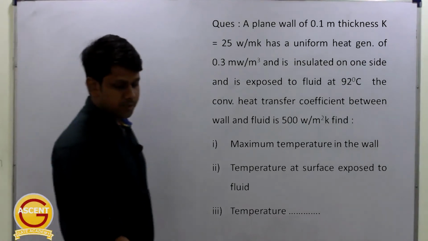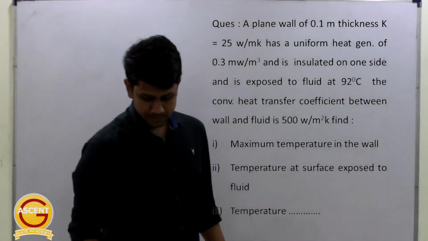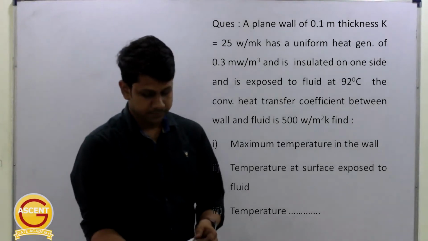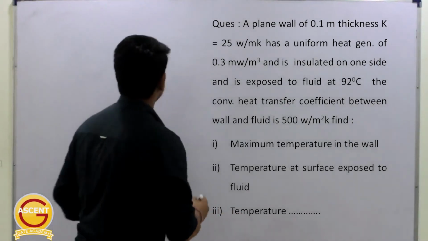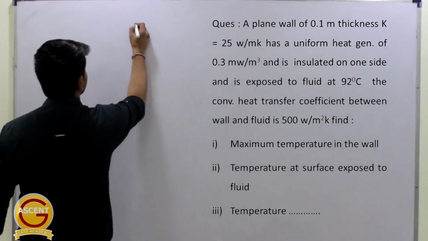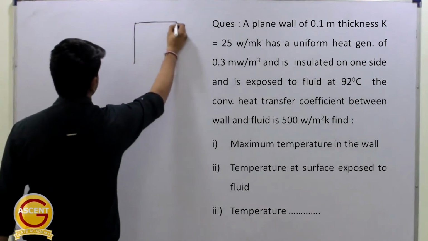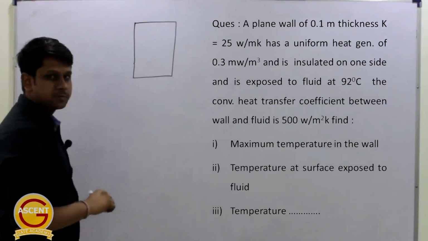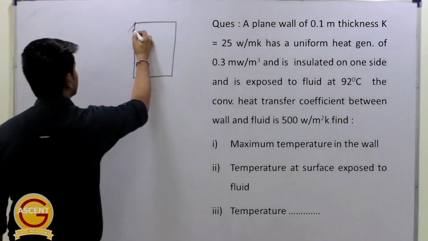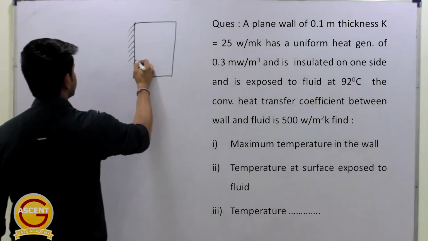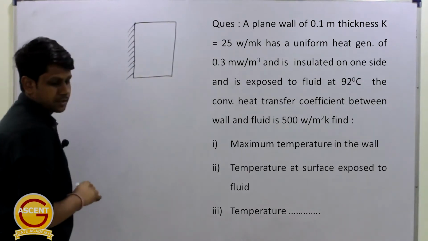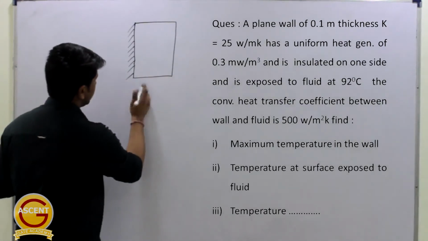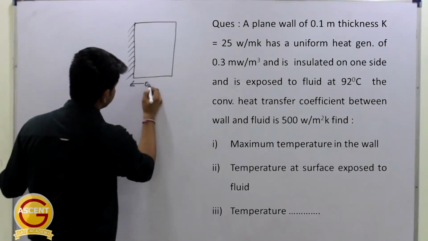So this problem is from the third case, that is one end is insulated. So let's say this is our plain slab. He is saying one of the ends of this plain slab is insulated. So let's say this end is insulated, right? And thickness of this plain slab he has given as 0.1 meter.